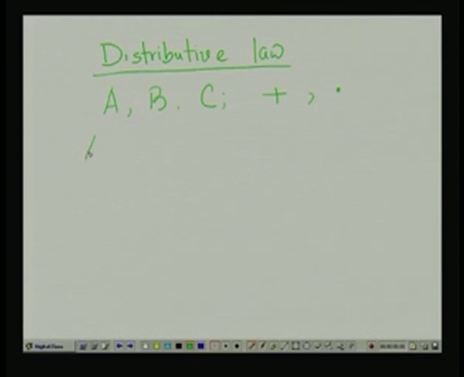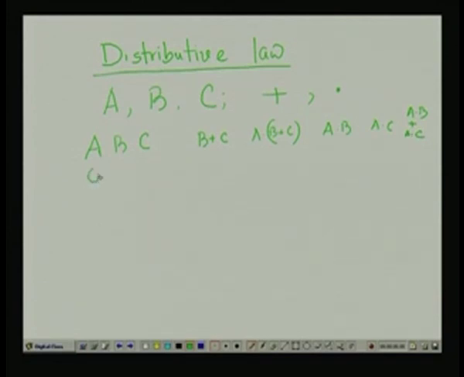Now, say I am taking A dot B plus C. I am doing A dot B, A dot C and A dot B plus A dot C.